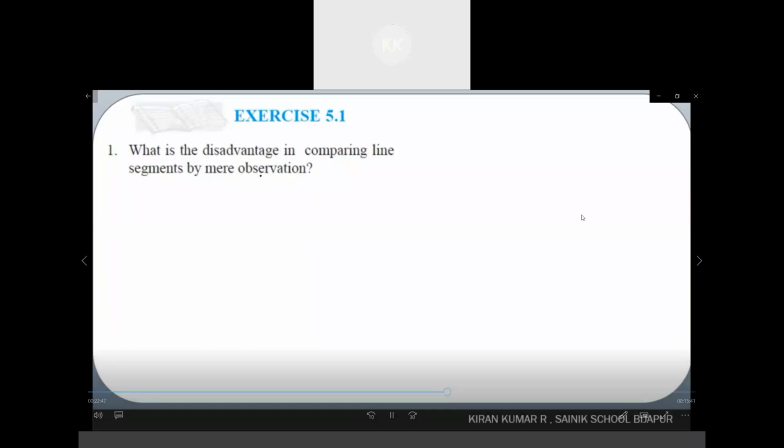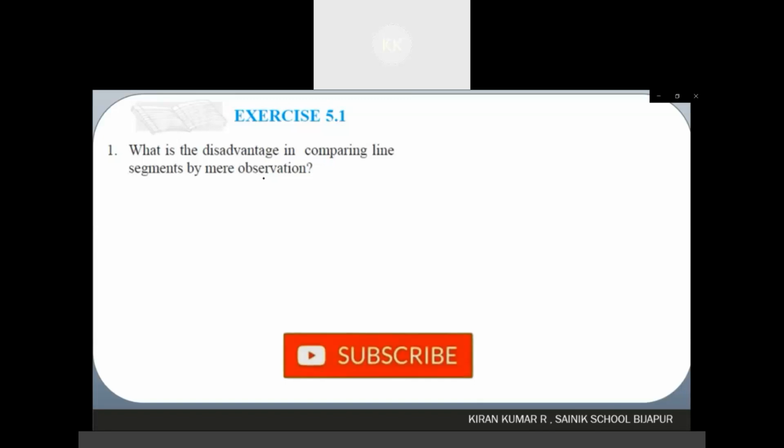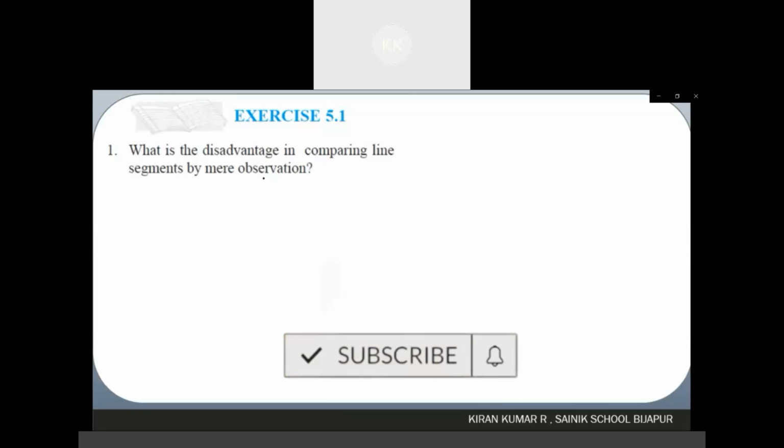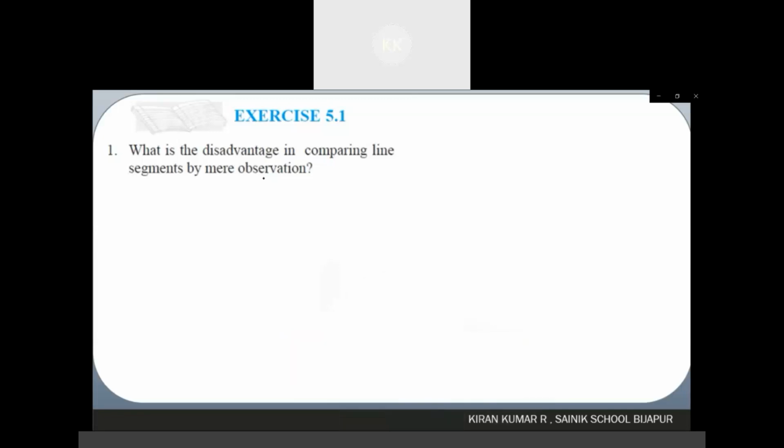If we compare two line segments of almost the same length, we cannot be sure which is greater. Therefore, it is not an appropriate method to compare line segments having a slight difference between their lengths. This is the main disadvantage.